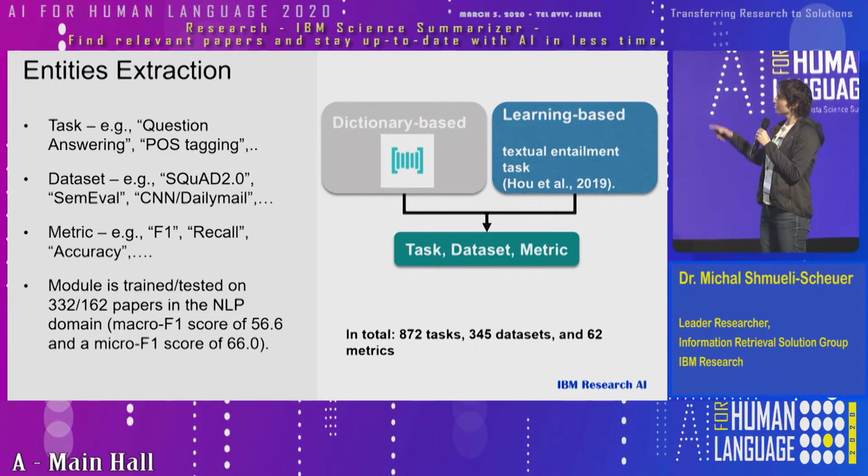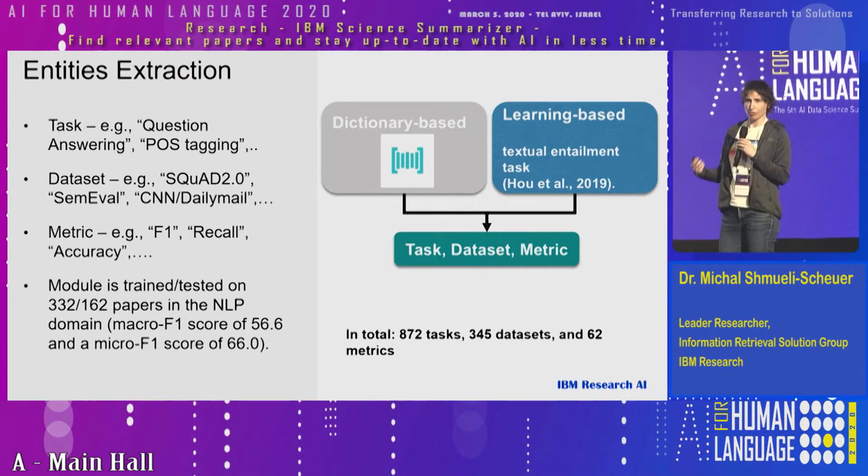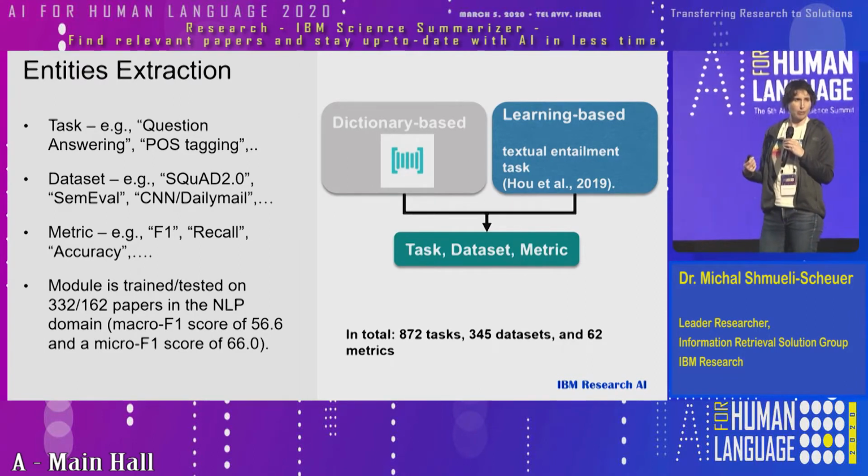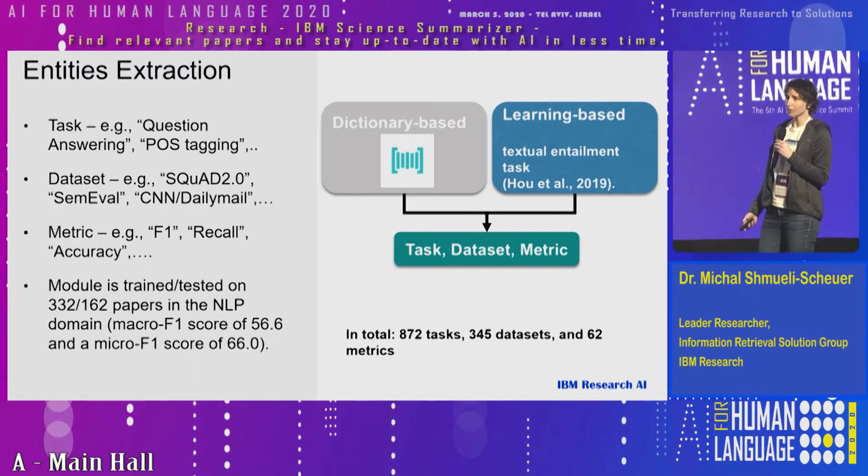And hence we extract tasks. Examples can be question answering, POS tagging, sentiment analysis. We extract entities of datasets and metrics. Metrics is usually the way that we evaluate machine learning algorithms and other algorithms, including precision, recall, F1, and so on.